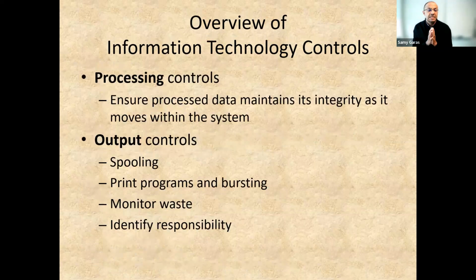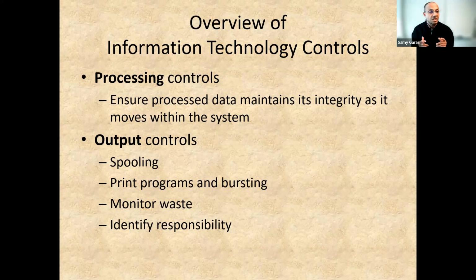And as I said, the input of the data is a very good point to begin with, but it doesn't guarantee that the data has high integrity until we check the process control and the output control. The process controls ensure that the data is processed systematically without any manipulation from the IT professionals.